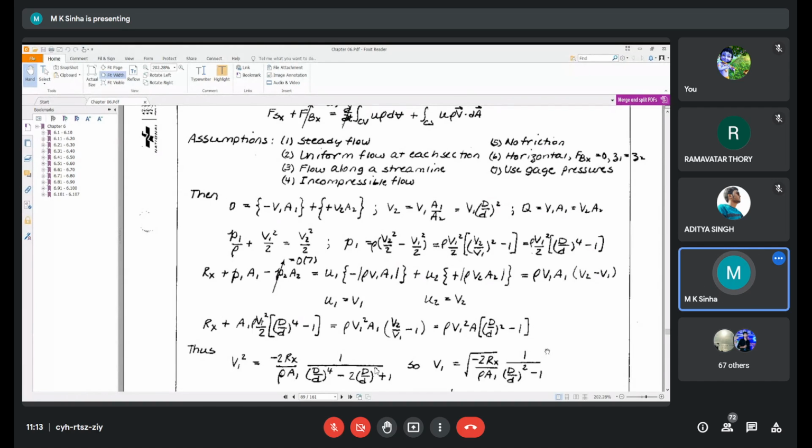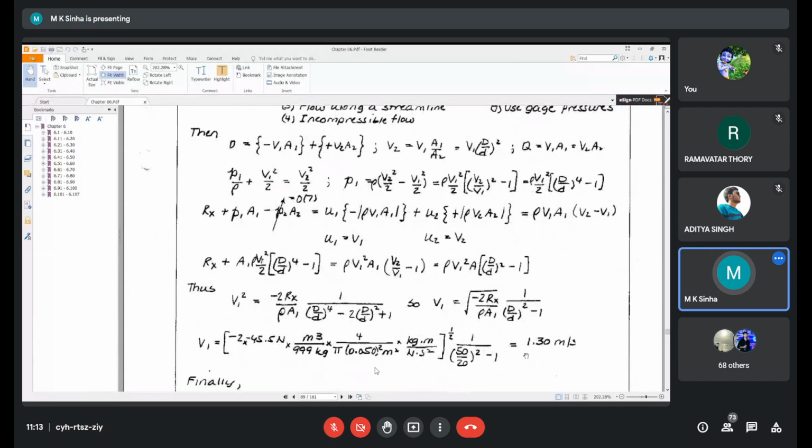Mass is expressed through the density, the fluid property. After substituting from the continuity and Bernoulli equations, you should get Rx plus A1 rho V1 square by 2 times ((D by d)^4 minus 1) equals rho V1 square A1 times ((D by d)^2 minus 1). From here we can find V1.